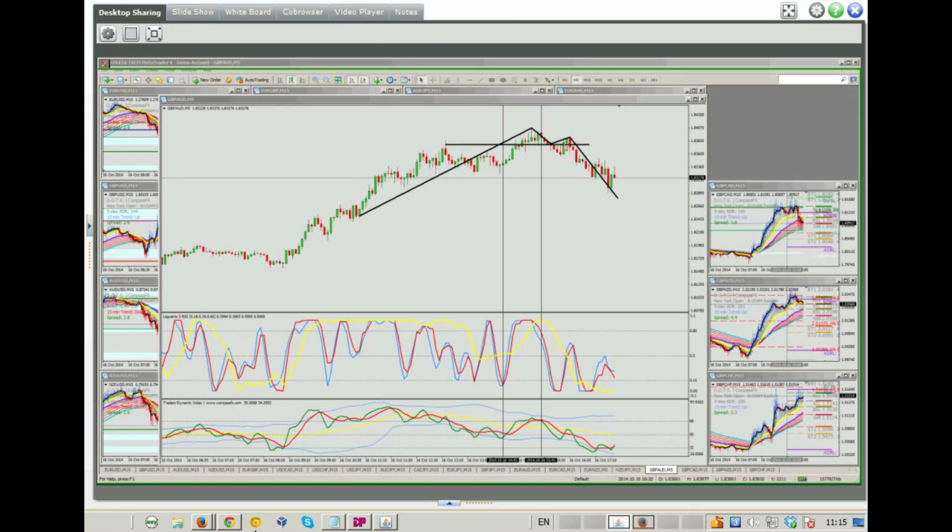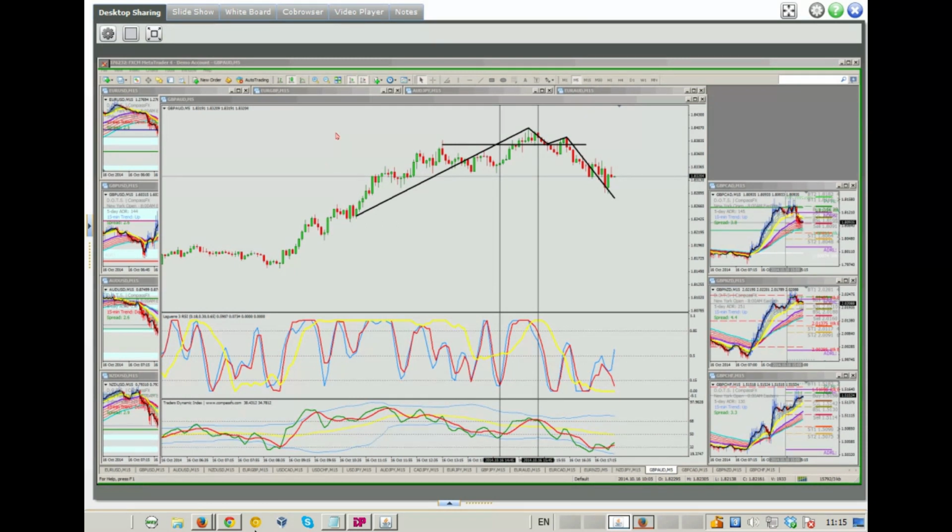Look at the pullback I got here. There's no way for me to know on the 15-minute. You can even go down to a 1-minute and make your entry, but a 3-minute time frame would be even better. I wait till it's actually crossed on a 5-minute.